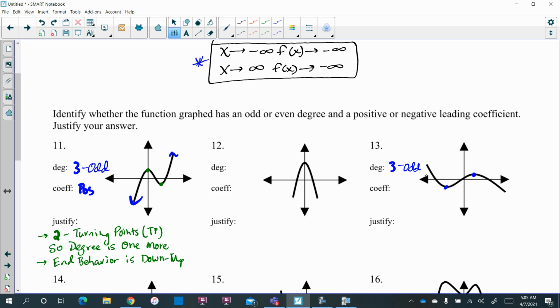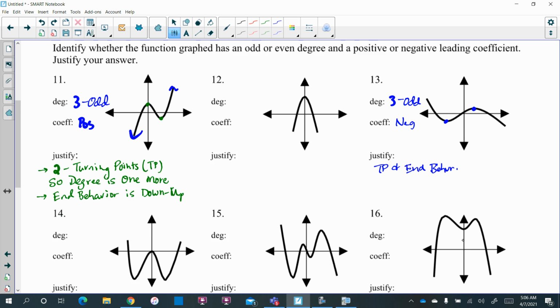Because it ends up, down, the leading coefficient is going to be negative. So my justification would just be looking at our turning points and end behavior, and I'll just abbreviate that: turning points and end behavior.